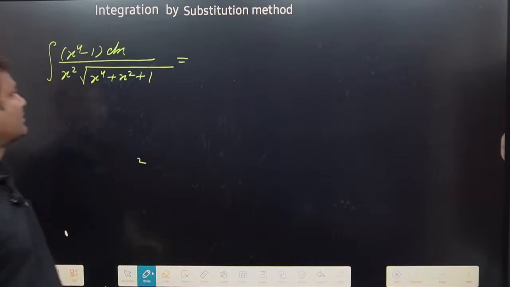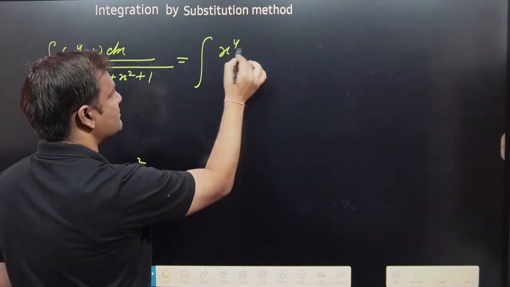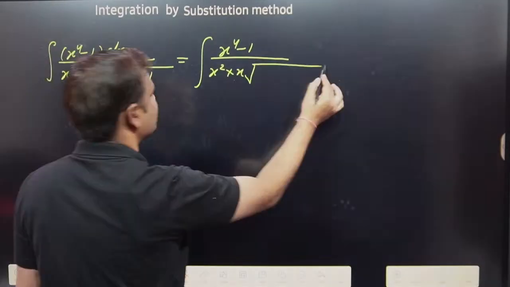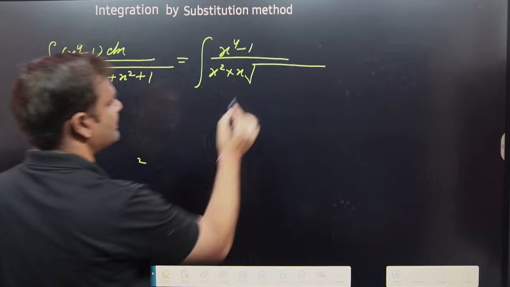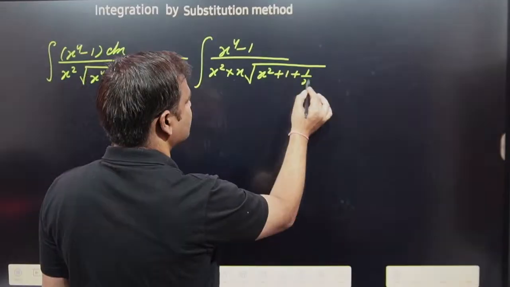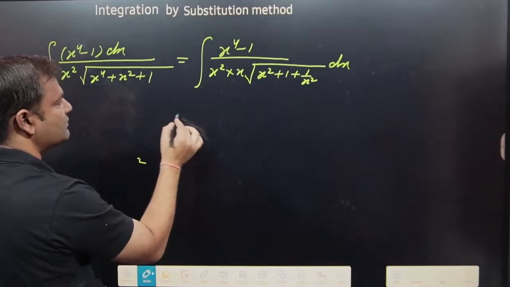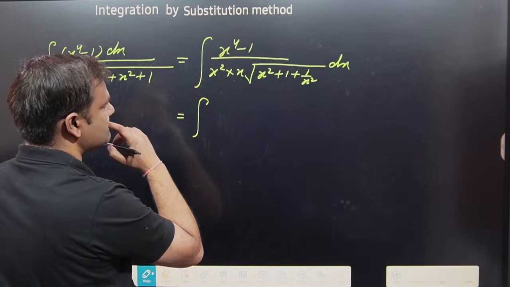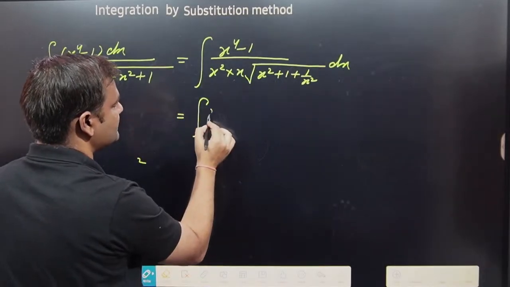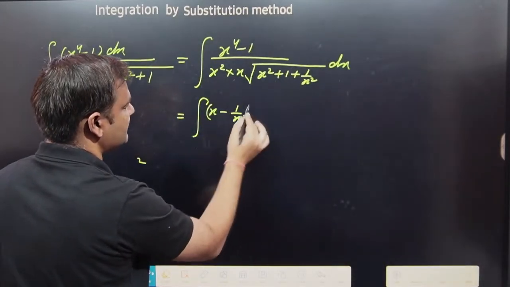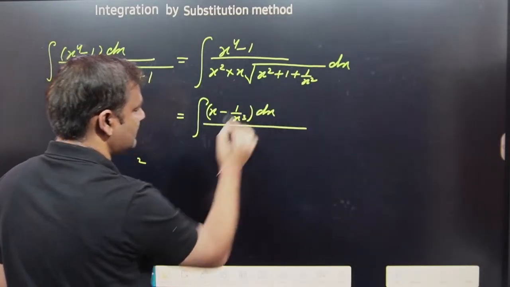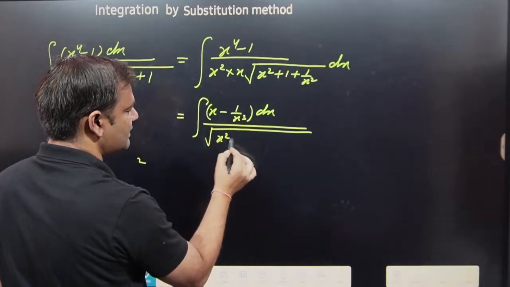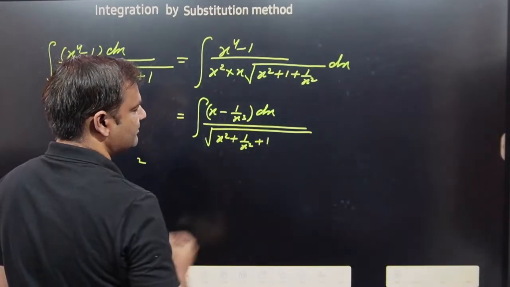Now how can we do this type of problem? Simply, in x to power 4 minus 1, x square is common, so you can say here x cube, so (x minus 1 by x cube) dx divided by, in the denominator, x square plus 1 by x square plus 1.